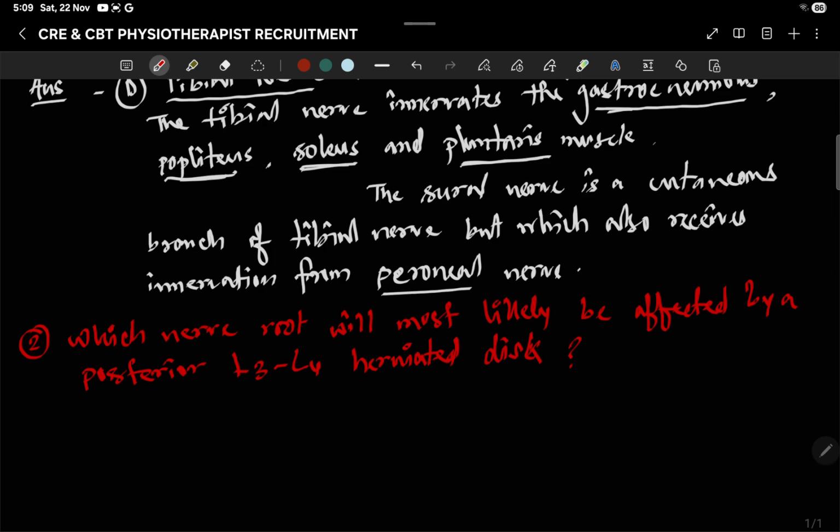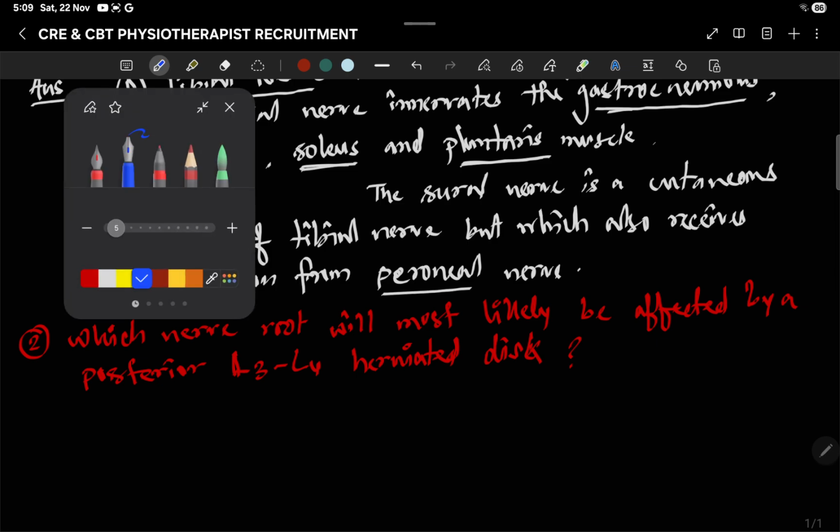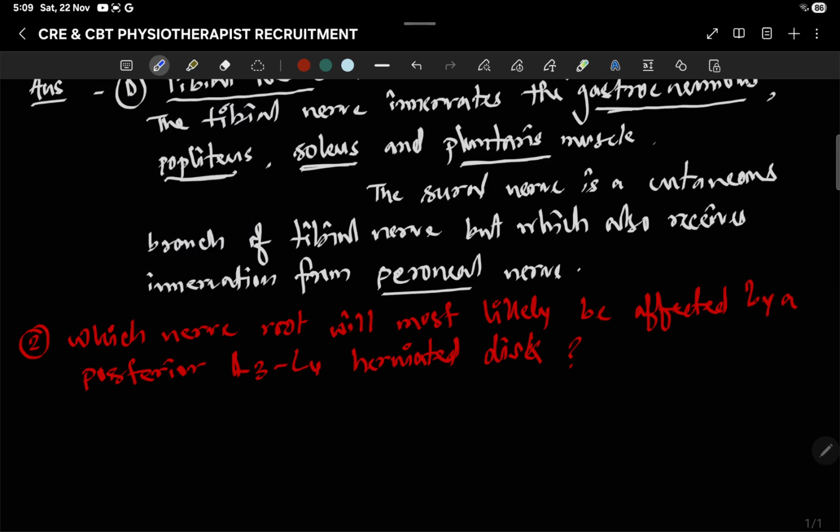Which nerve root will most likely be affected by a posterior L3 L4 herniated disc? Option A, L2. Number B, L3. Number C, L4. Number D, L5.